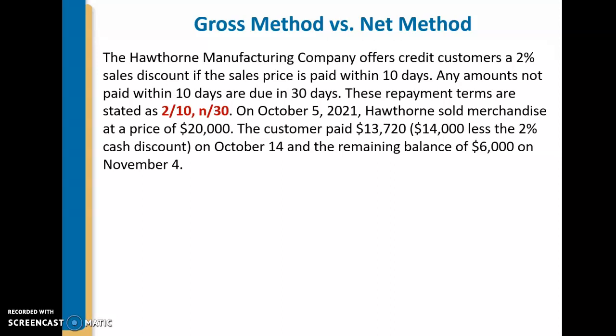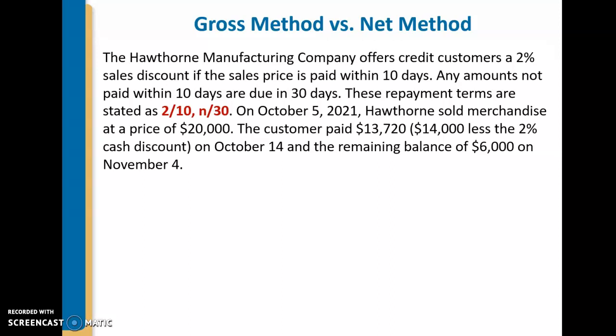The customer paid $13,720, which represents $14,000 less a 2% cash discount, on October 14th within the 10-day discount period, and then paid the remaining $6,000 after the discount period expired. So they didn't get a discount on that $6,000.